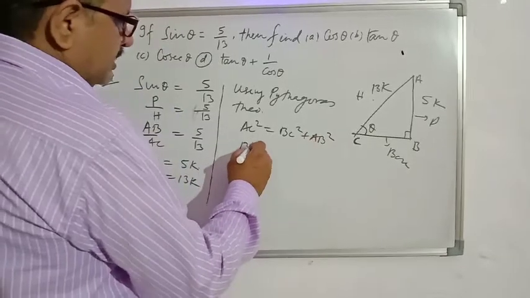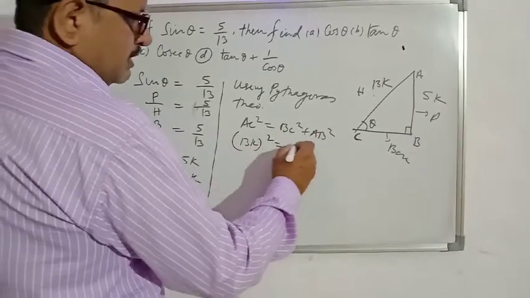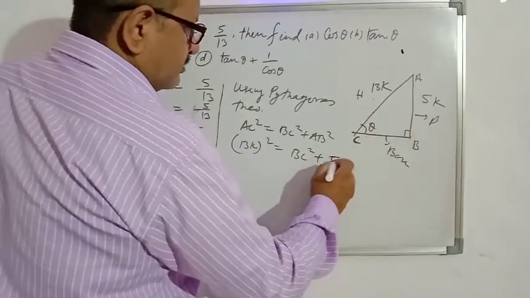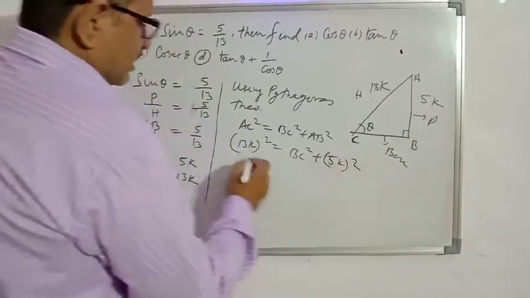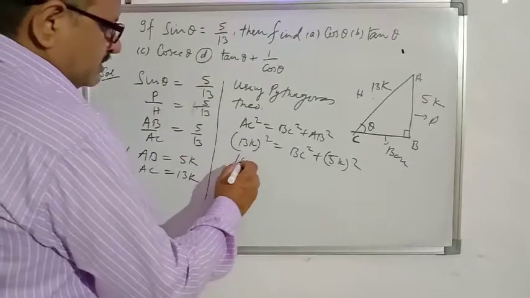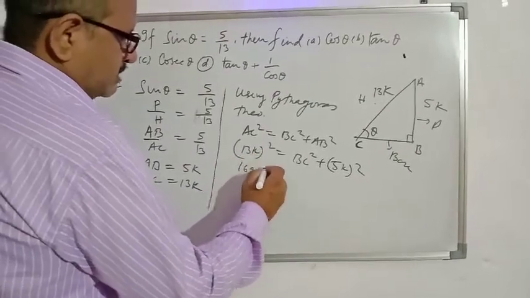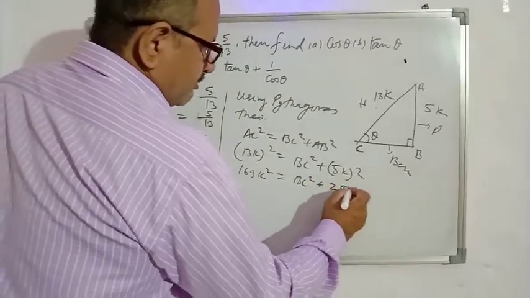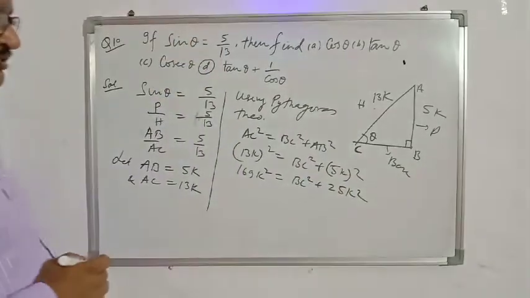AC is 13K square. BC we have to find. AB is 5K, so 5K whole square. 13 square is 169 K square. 5K whole square will be 25K square.